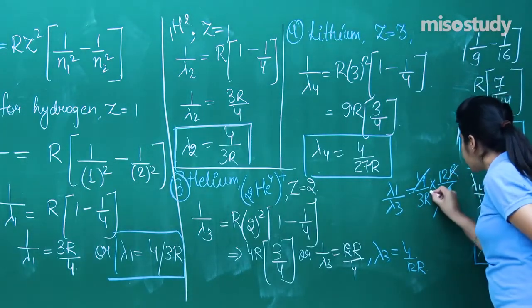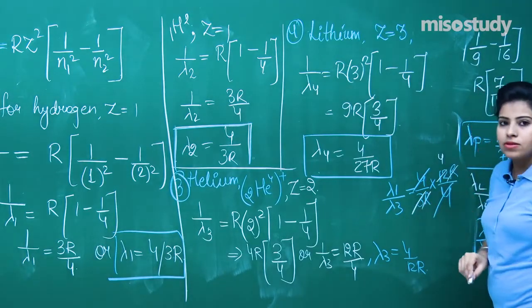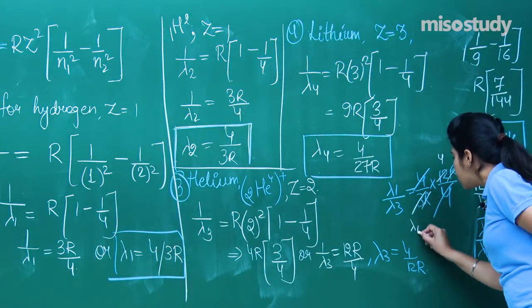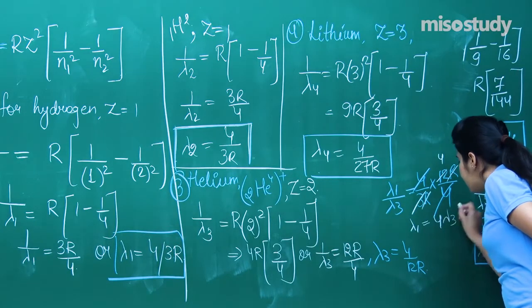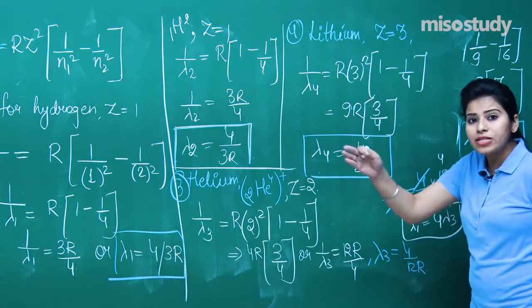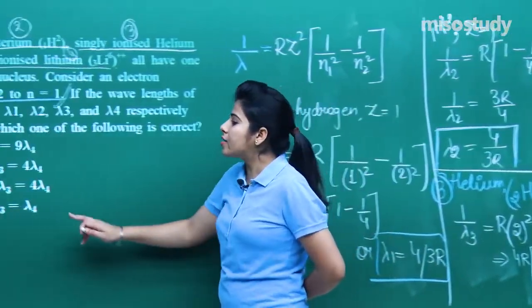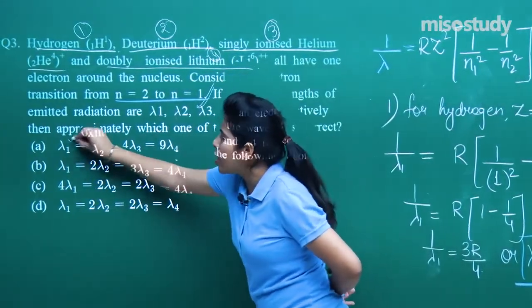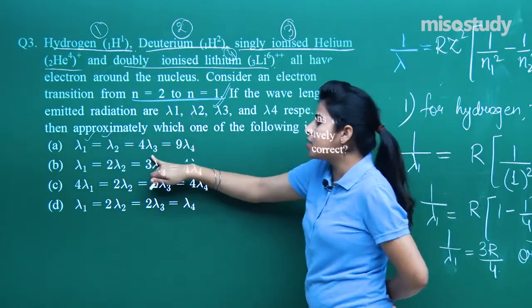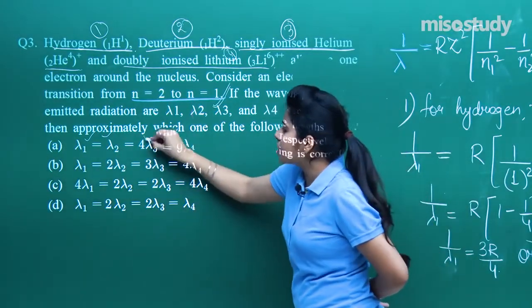That means 4 times. Lambda 1 is 4 times lambda 3. Let me see whether there is any option. Yes, I can see that lambda 1 equals 4 times lambda 3.